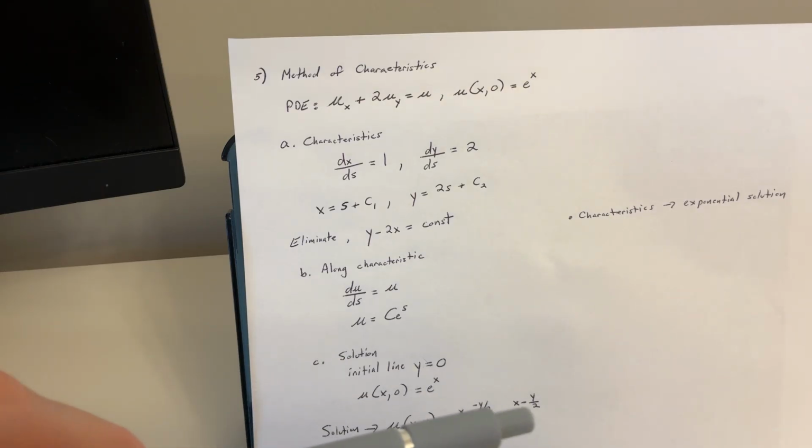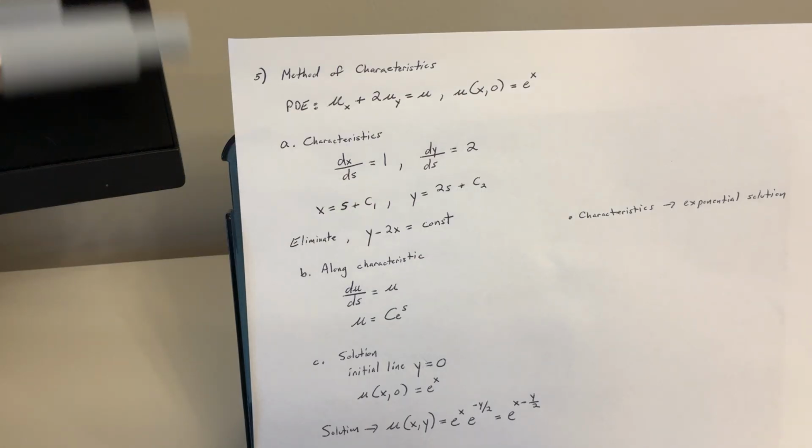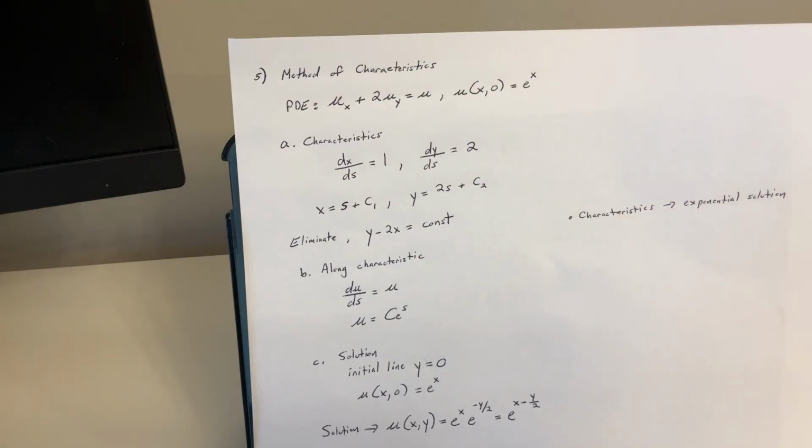And if we combine using laws of exponents, this would be e to the x minus y over 2, or e to the x minus 1/2 y, whichever you prefer. So basically these characteristics lead to an exponential solution. And that's all for number 5.